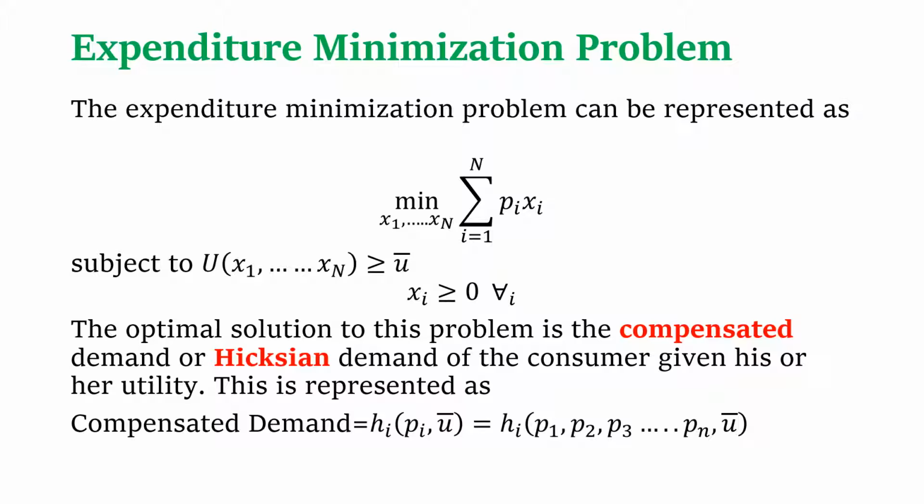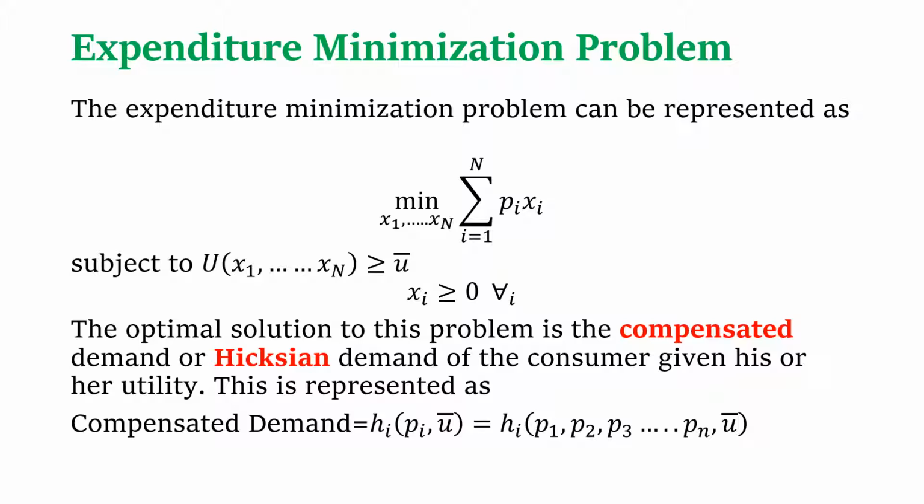So if somebody asks you to write the expenditure minimization problem for the consumer, you have to make sure it has an objective function. What is the objective? To get the minimum expenditure on the goods.